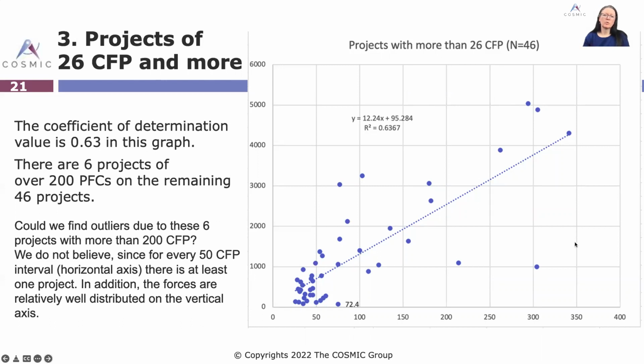And we ask ourselves, could we find outliers due to these 6 projects with more than 200 COSMIC function points? Well, we do not believe so, since for every 50 COSMIC function point interval on the horizontal axis, there is at least one project. In addition, the points are relatively well distributed on the vertical axis. Like this one is maybe an outlier due to low effort.